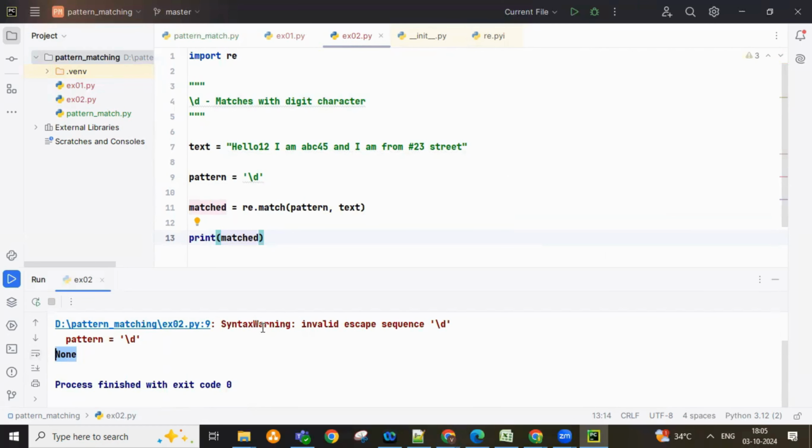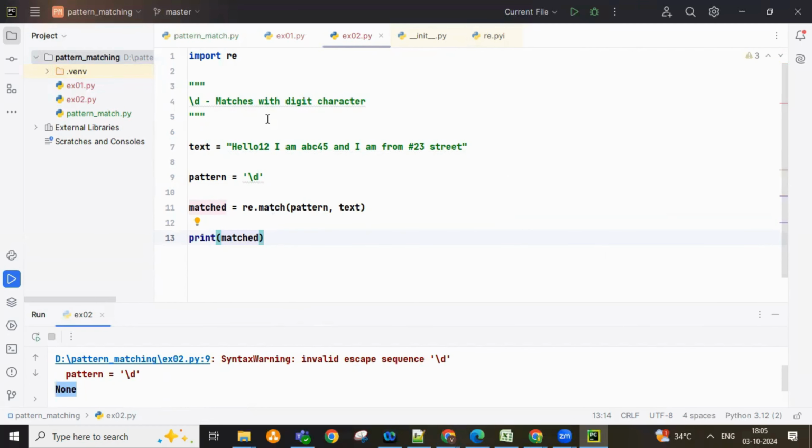What did you notice? And one more thing, guys. When we are using this kind of data, it's important that we start using an r before the string. R means it's a raw string, because when you are working on the data, backslash has some meaning in Python.